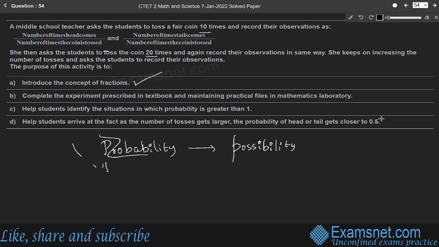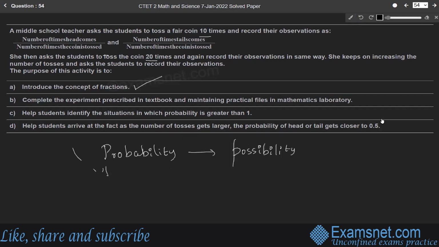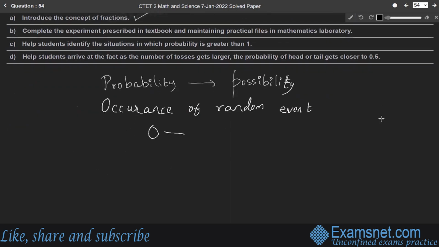So the value is expressed from 0 to 1 generally. So whenever we are unsure about the outcome of an event, we can talk about the probability.